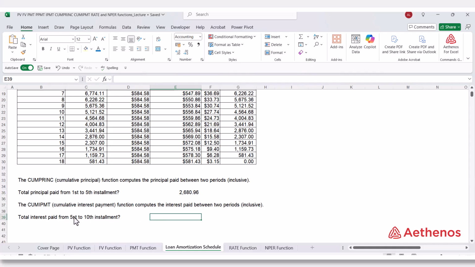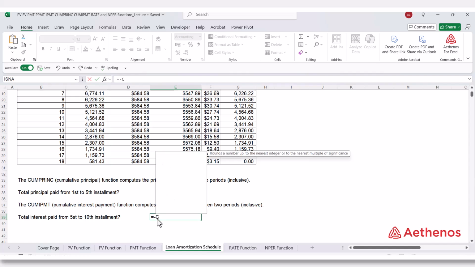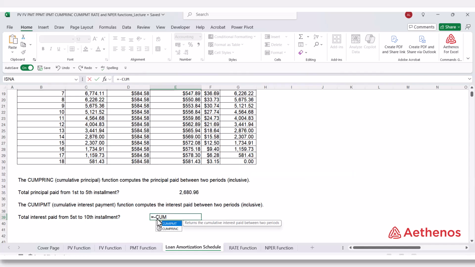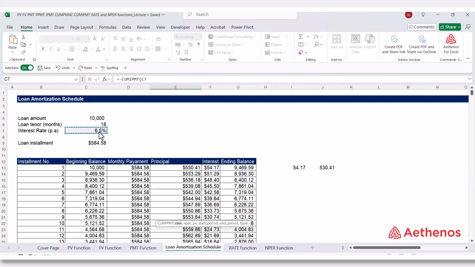So I can try that for, let's say, the 5th to the 10th installments. So I can type the formula equals, same syntax, minus cumulative. Here we are going to go for cumulative interest payment, IPMT. And the rate is 6.5 divided by 12.